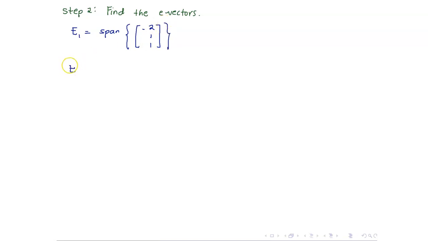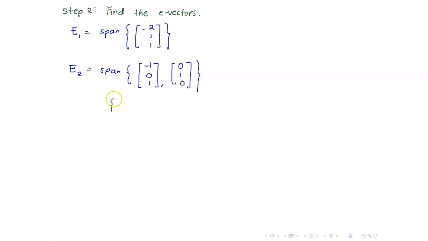And the eigenspace corresponding to lambda equals 2 is spanned by these vectors, negative 1, 0, 1, and 0, 1, 0. Note that these two are linearly independent, and of course, a non-zero vector is always linearly independent.